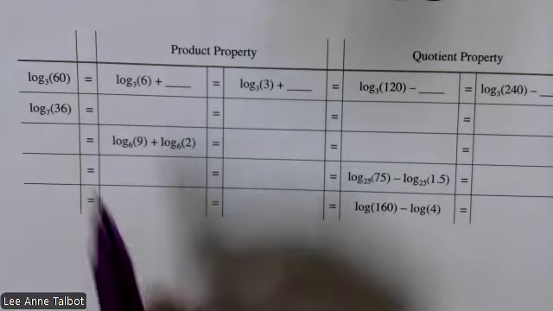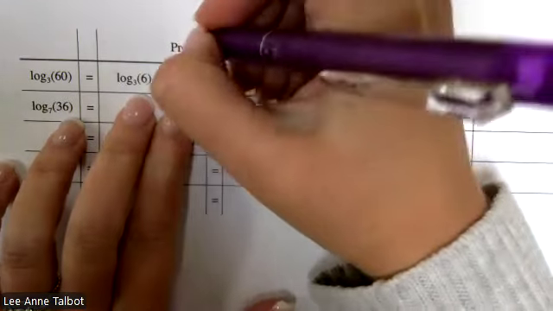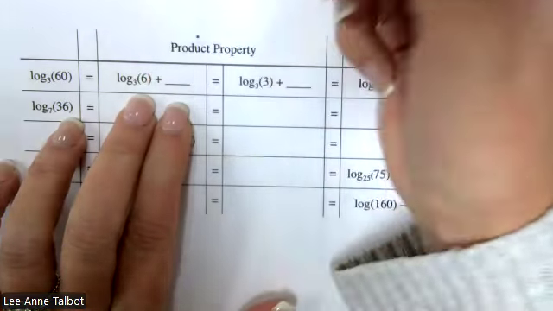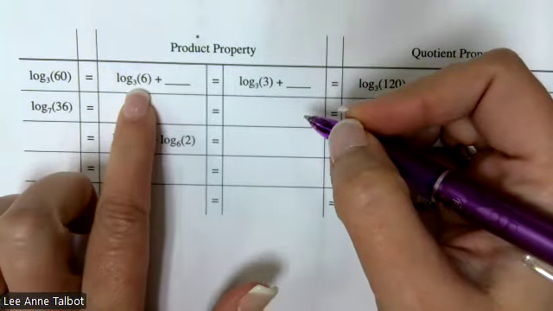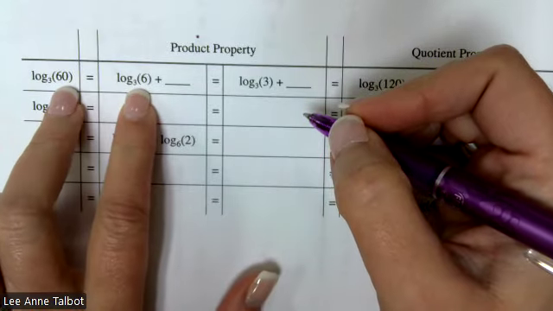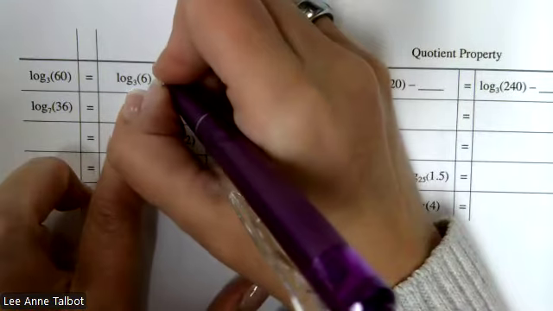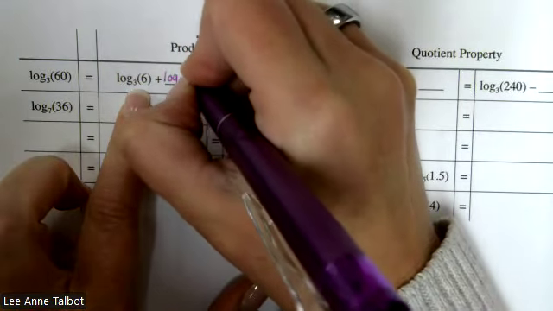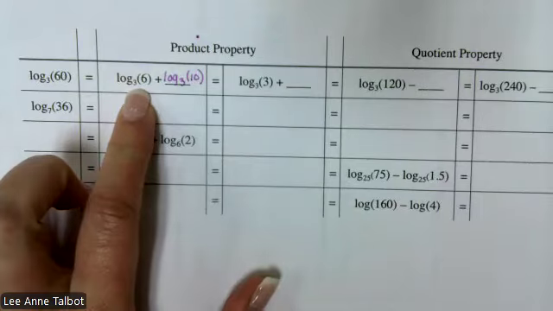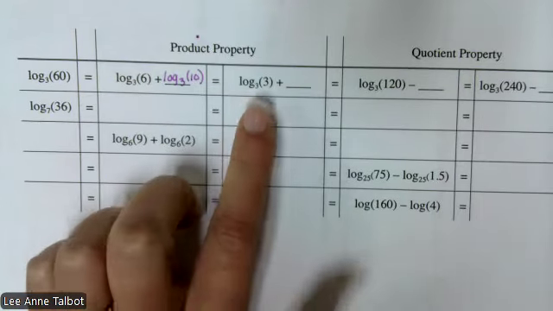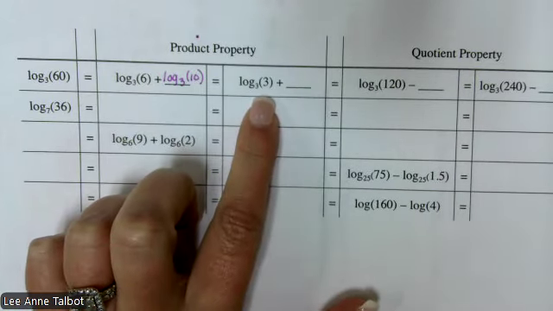So remember the product property, product means times, multiplication. So 6 times what is 60? 10. Okay, 3 times what is 60?